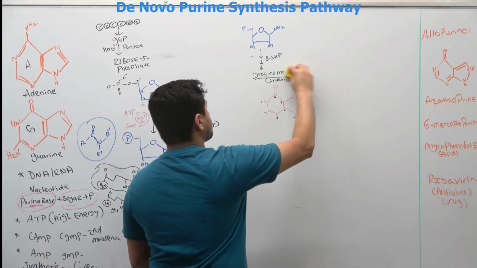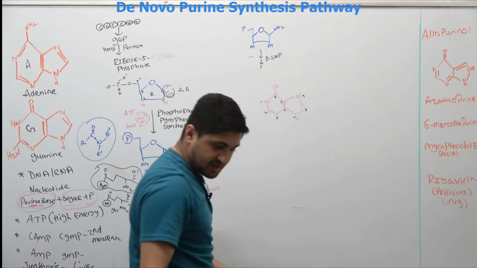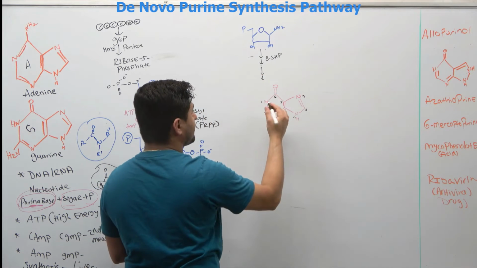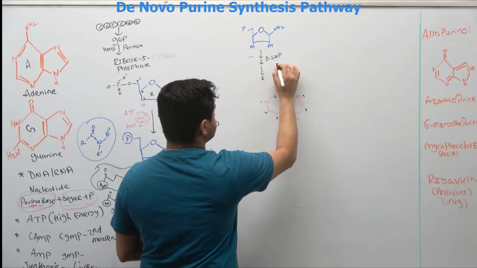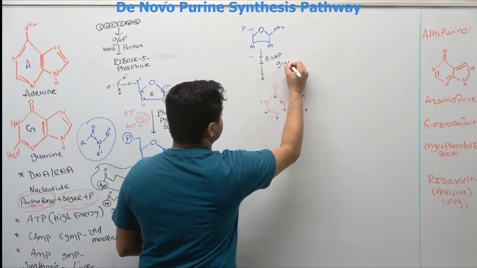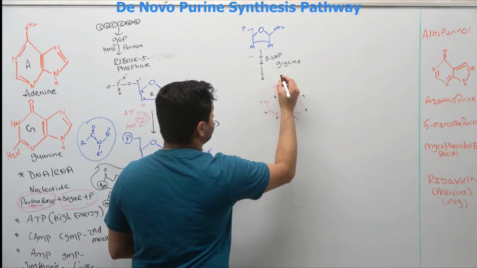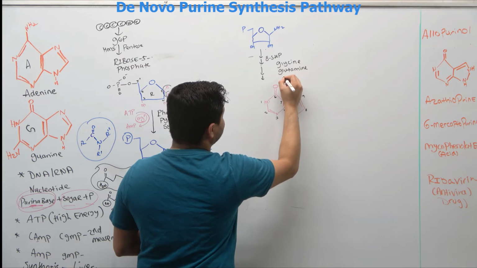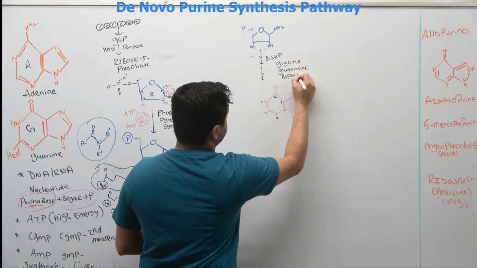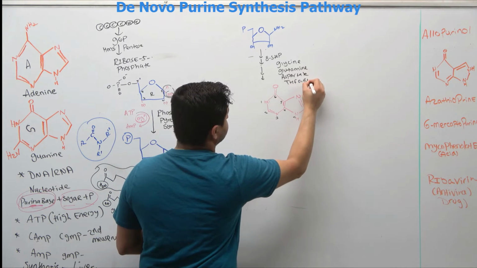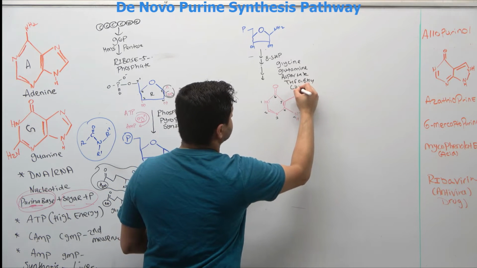In those steps, what happens is there are amino acids, like for example glycine. Glycine is very, very important. Glycine, glutamine, aspartate, tetrahydrofolate, or also called BH4, and carbon dioxide.